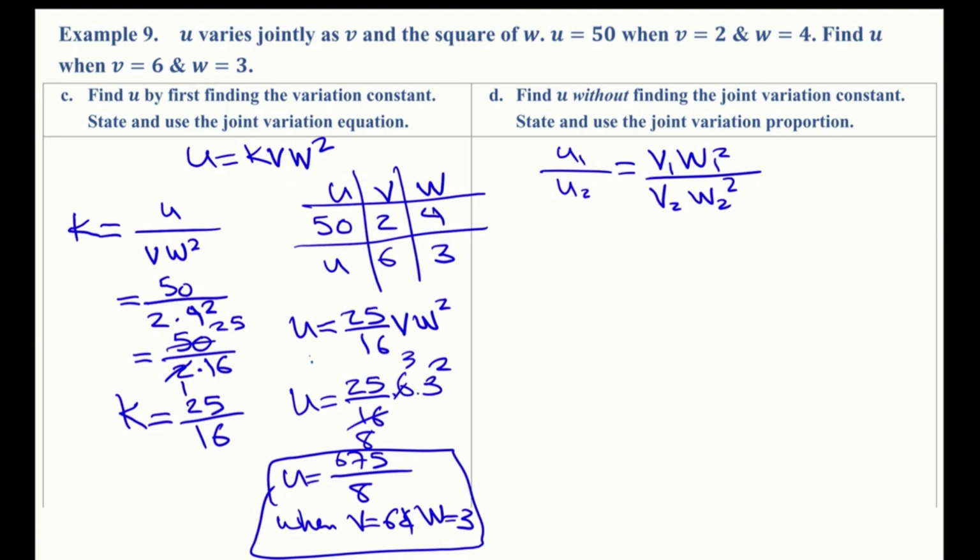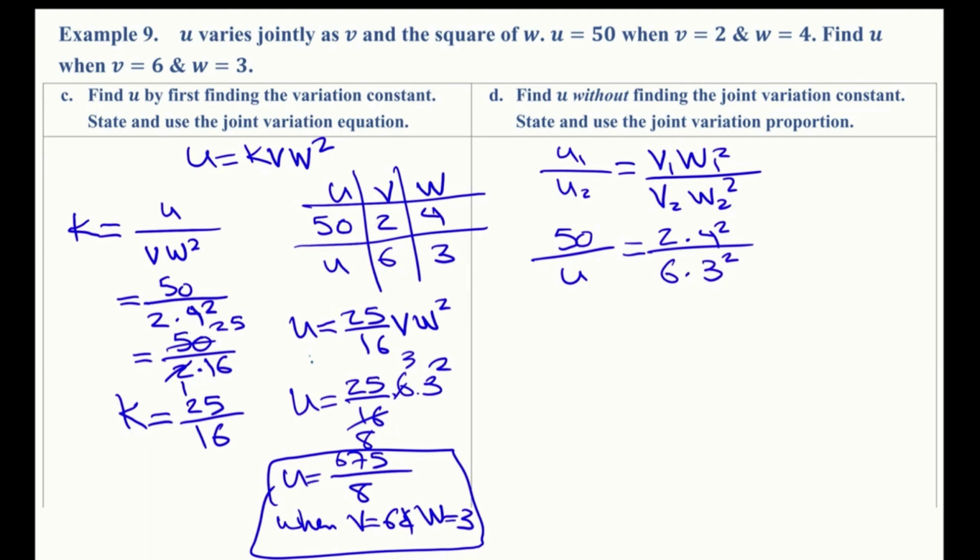So u1 is 50. u2 is u. v1 is 2. w1 is 4, so 4 squared, over v2, which is 6, times w2, which is 3, so 3 squared.